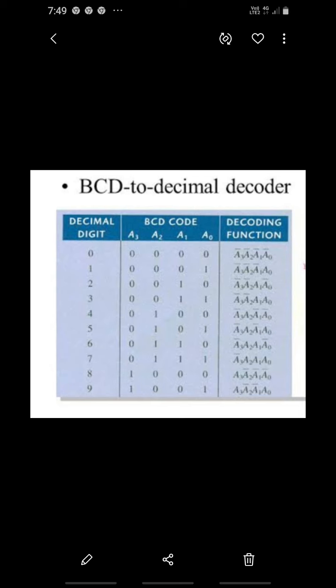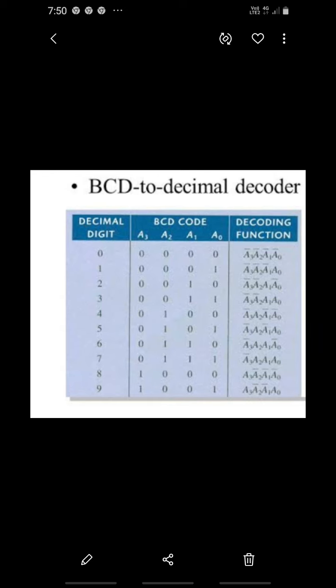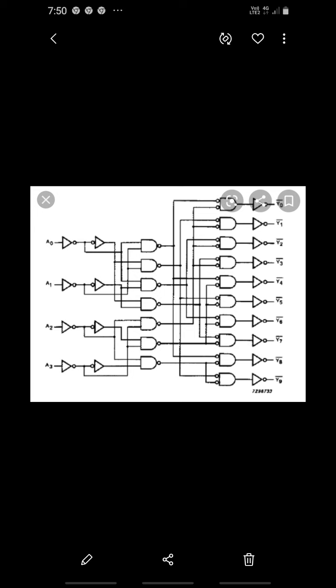So these are the different decoding outputs by using the BCD inputs, A0, A1, A2, A3. You can draw the outputs by using these different outputs.